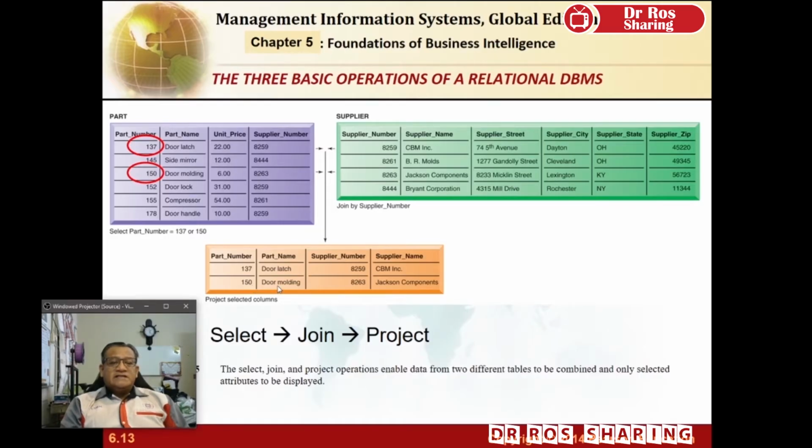So for this case, you need to select and then join and project. You need to select and then join with other table information that you can combine and let the project show only this piece of information.